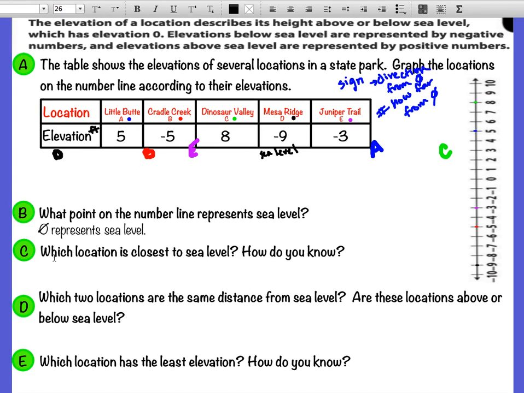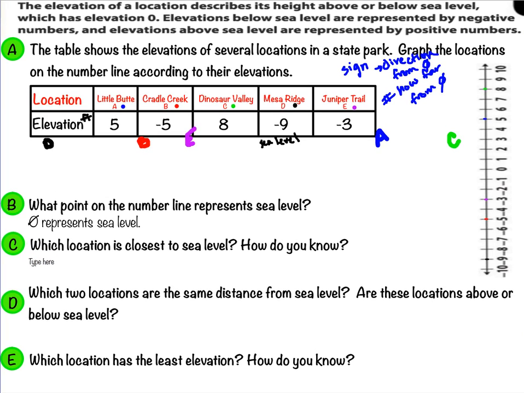All right, which location is closest to sea level? So we have to remember that regardless of the direction, if it's closer to 0, that means it's fewer spaces away or fewer feet away in real life. So here, if I start at 0 and I go up into my positives, the first one I see is 5 feet away or 5 spaces away. Right? So I can show you that by using my pen, and it's going to be a little tricky here.